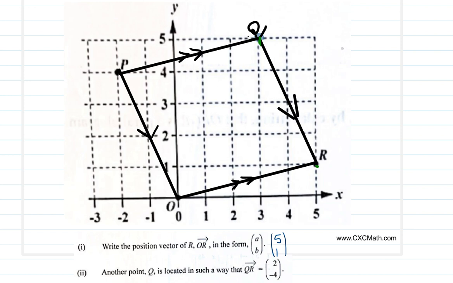So how do you show that? Now PO, what is the vector PO? From P to O, what you want to show is that to go from P to O, you move 2 to the right and 1, 2, 3, 4 down. So PO is going to be positive 2, and 4 downwards means negative 4. That's PO. What about QR?